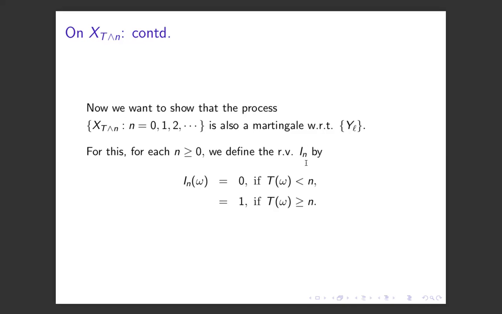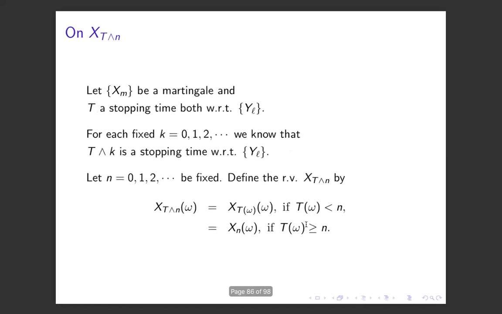I sub n is a function defined on the basic sample space omega. So I sub n(omega) is taken to be 0 if T(omega) is less than n, and it is equal to 1 if T(omega) is greater than or equal to n.